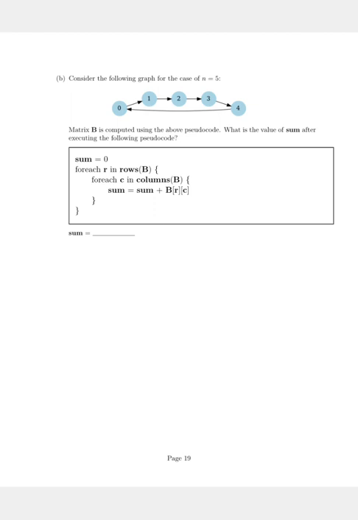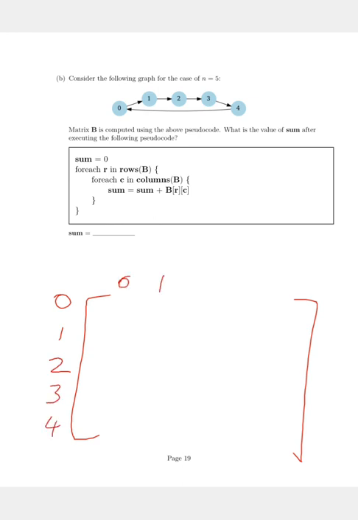So let's just compute the matrix first, and it's a standard 5x5 matrix with rows and columns indexed from 0 to 4. Same way here we have columns 0 to 4. Now before computing this, let's just have a look at this graph.